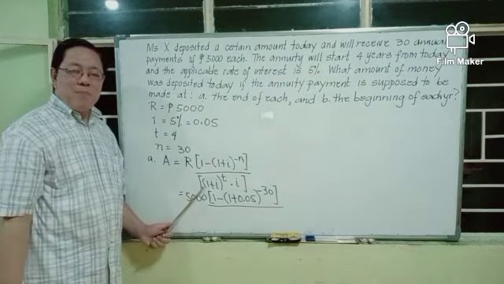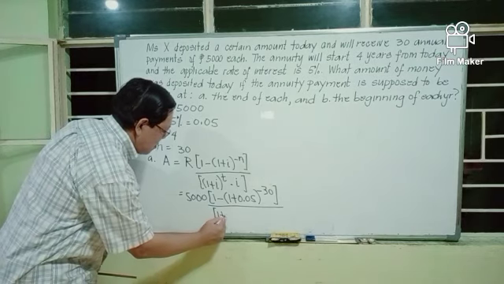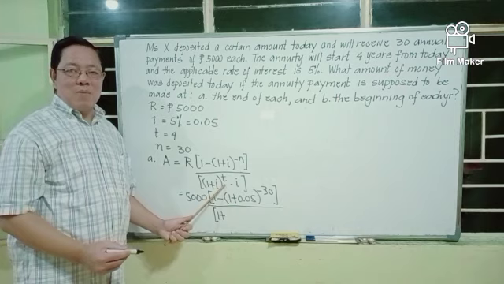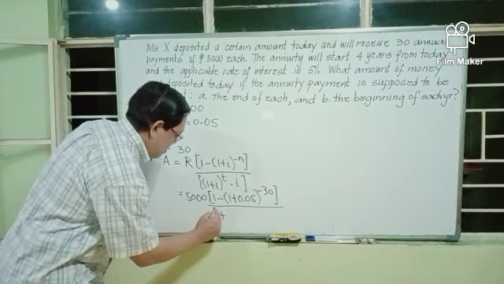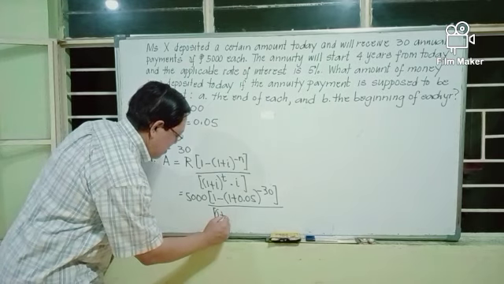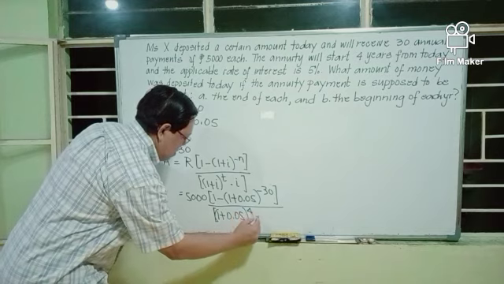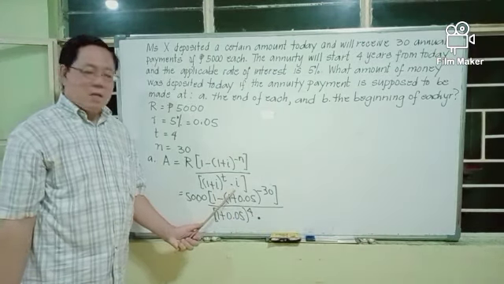All over 1 plus I, I is 0.05, to the power T. T is the number of deferred payments, 4. Multiply by the interest rate per year.